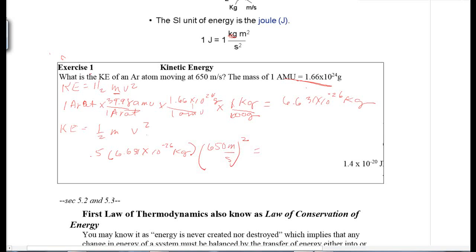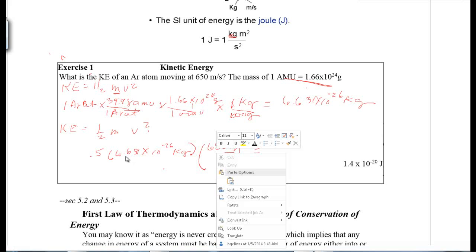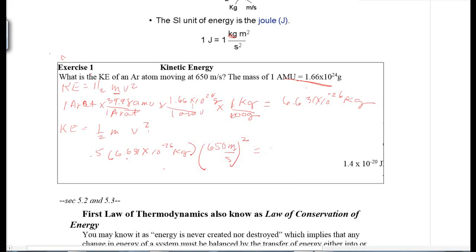Alright, if I multiply 0.5, and you want to do this yourself, make sure you can punch things the right way, times 650 squared times the mass here, I get, let me see, I've got 2 sig figs here, so I'm going to go with 2 sig figs, 1.4 times 10 to the minus 20th.